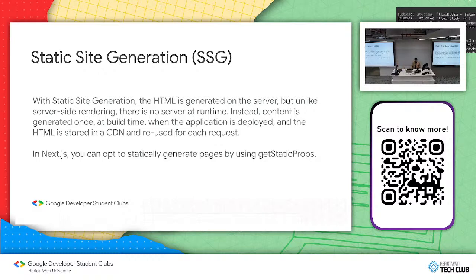Now, what kind of rendering you opt into is a very subjective choice. Different use cases might require a server-side generated component, while others might require something statically generated, and some might even require something rendered on the client side.